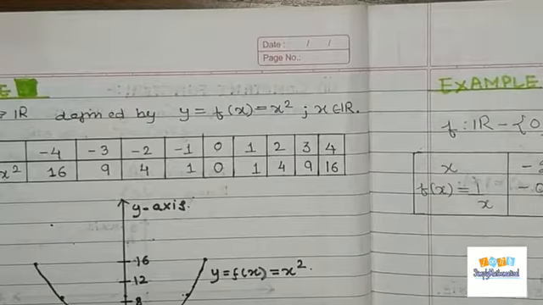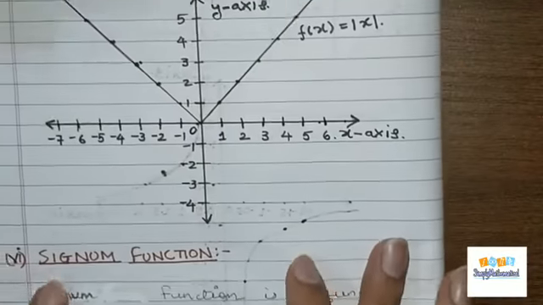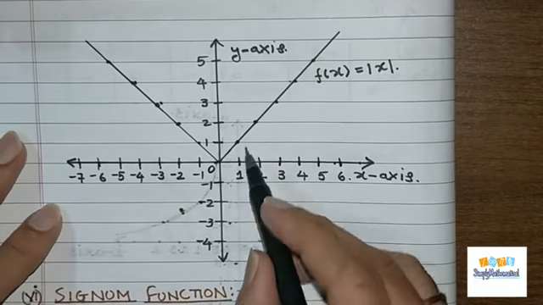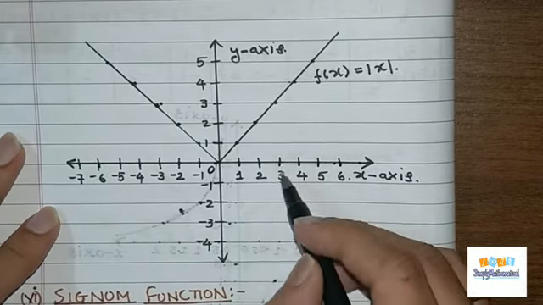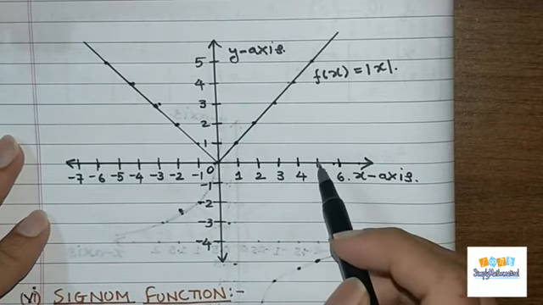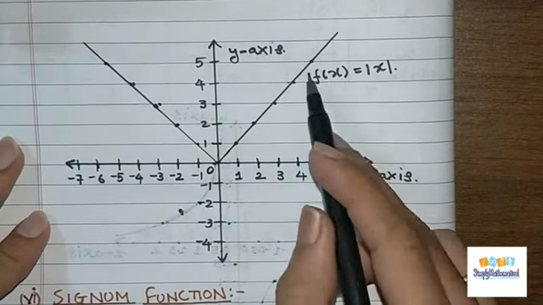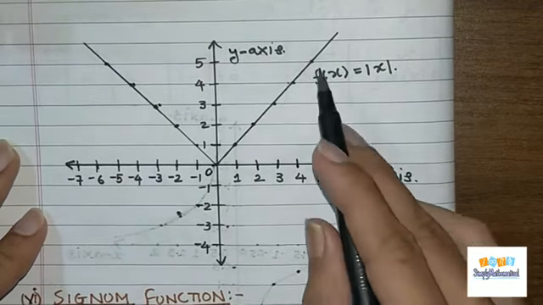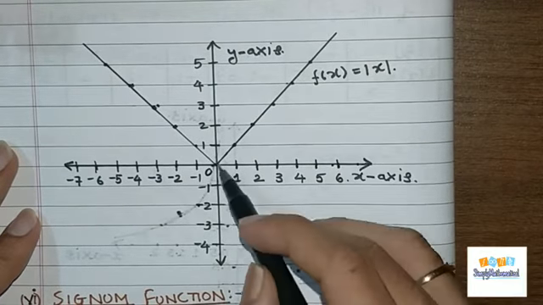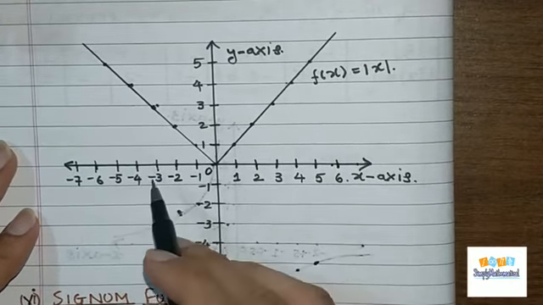Now if you look at the graph of the modulus function, it will be in this way. 1 goes to 1, 2 goes to 2, 3 goes to 3, 3.5 goes to 3.5, 4 goes to 4, 4.7 goes to 4.7 only, 5 goes to 5. So you will get a line in this way from 0 to infinity.